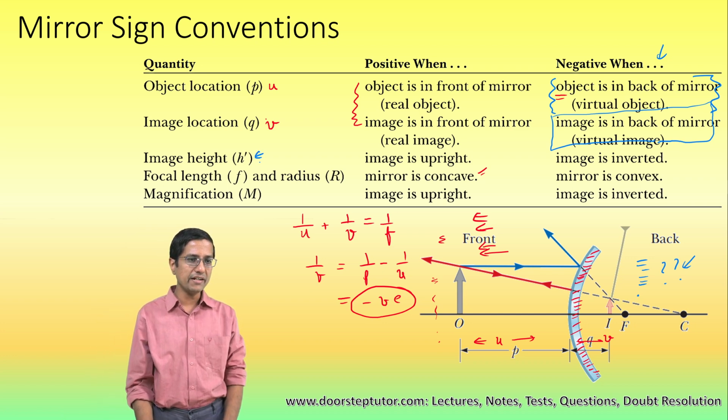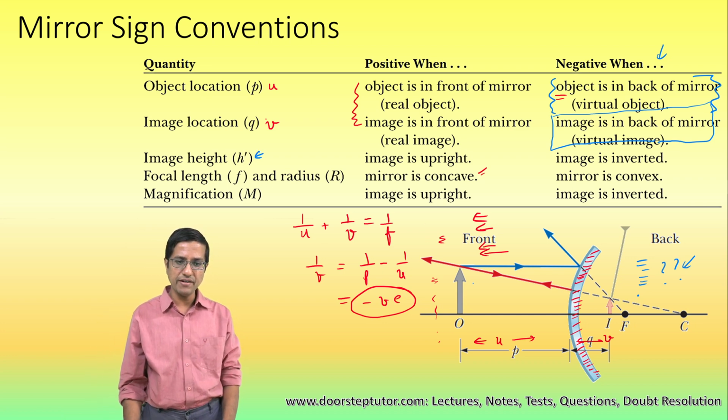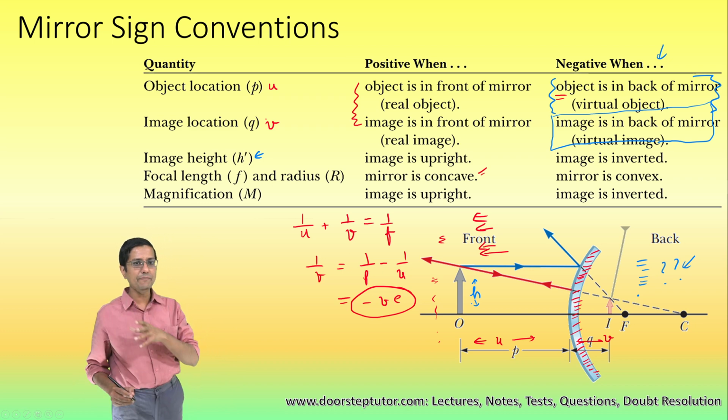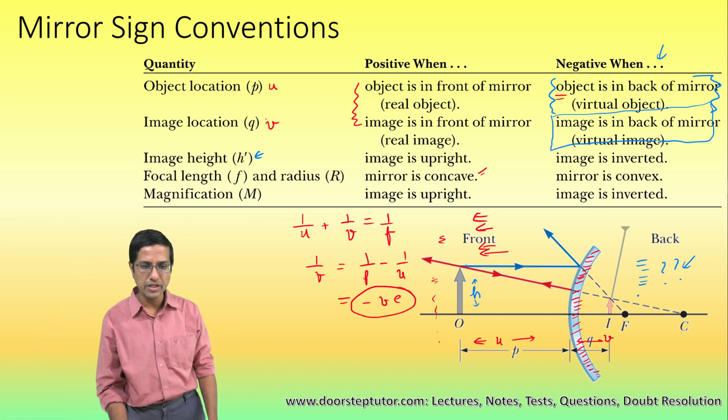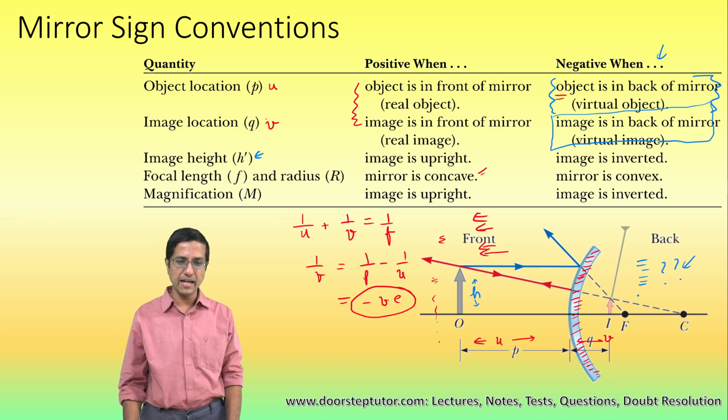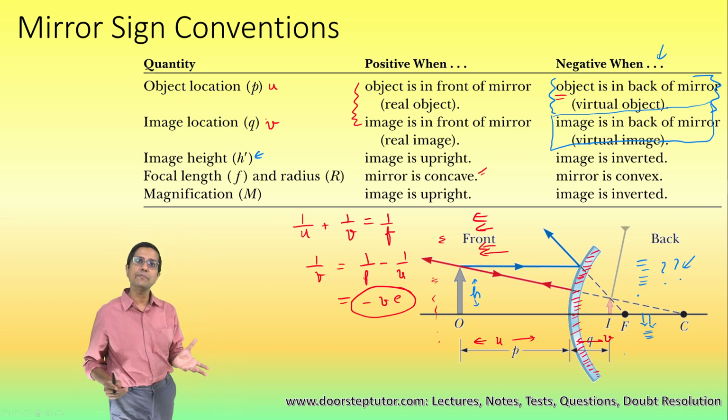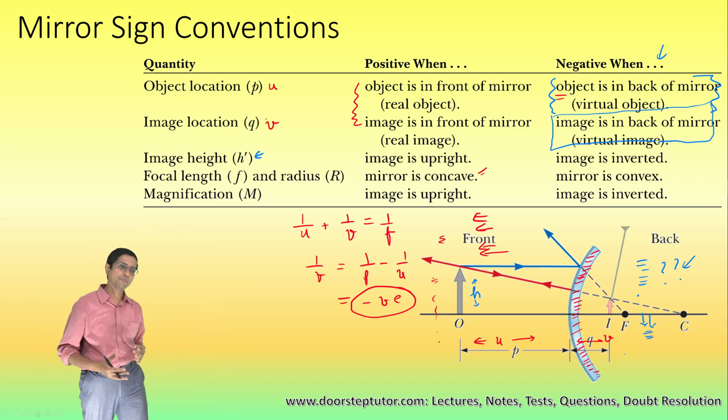Now the image height, we already discussed this. When the height is upright, the image and object heights are taken to be positive, on this side of the principal axis. When the object and image are on this side of the principal axis, the heights are taken to be negative.